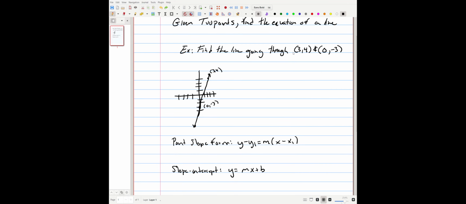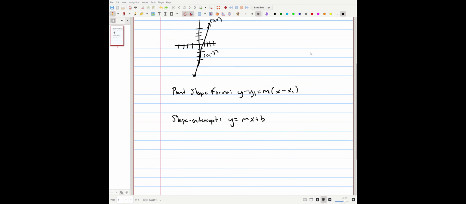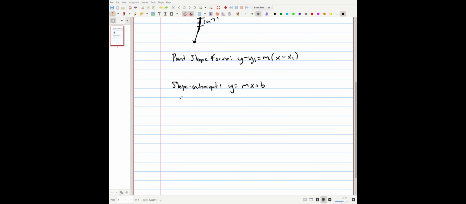Well, remember with our slope formula, we can find the slope using these 2 points. So using the slope formula, we have m is equal to y2 minus y1 over x2 minus x1. It doesn't matter which one you call x1, y1 or x2, y2, as long as you keep them straight.